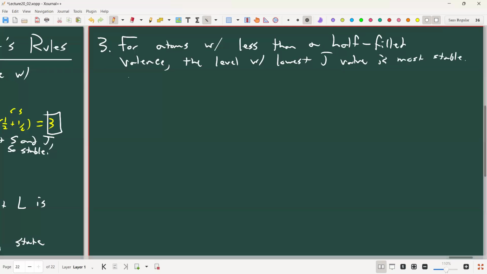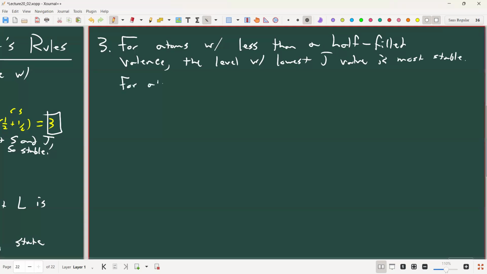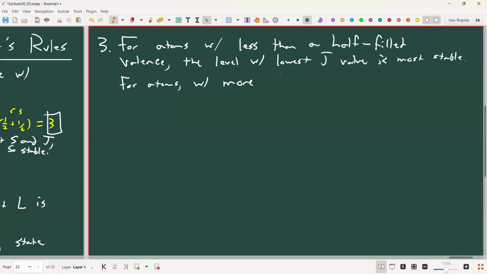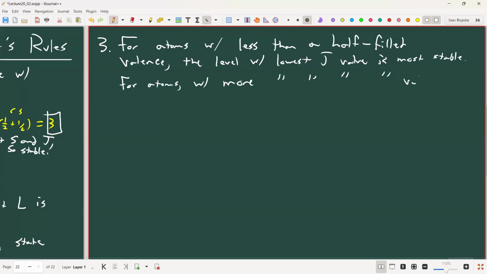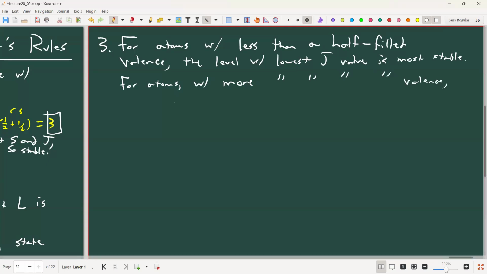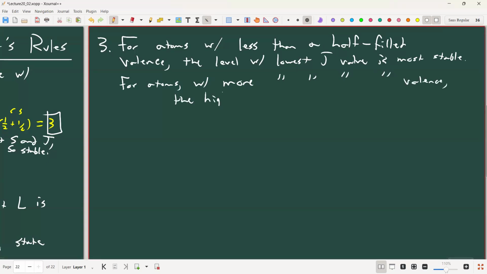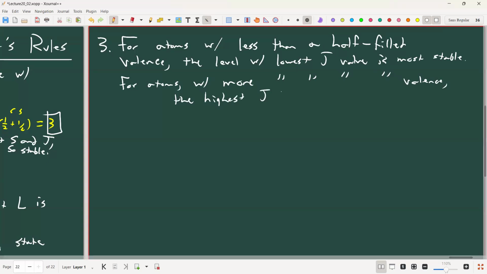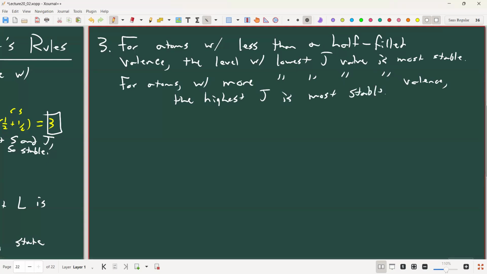And then for atoms with more than a half-filled shell, highest J is most stable. So let me just prove that to you really quickly.